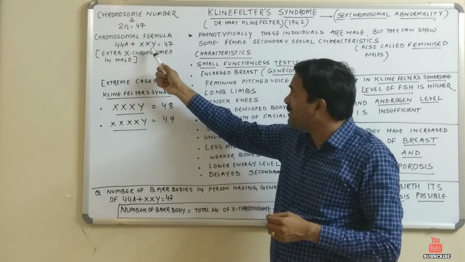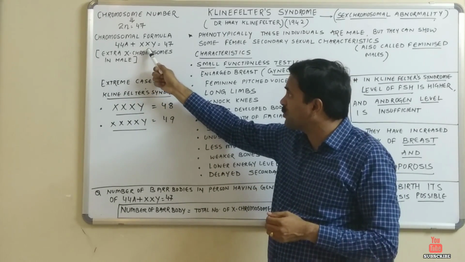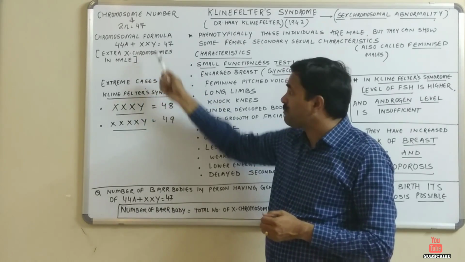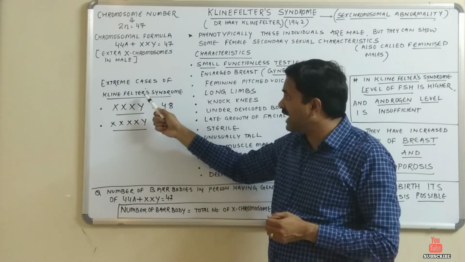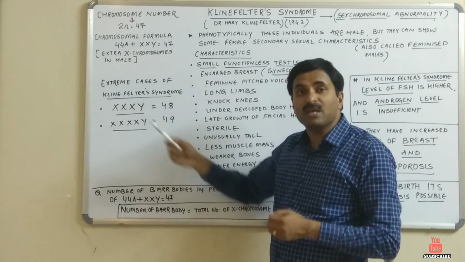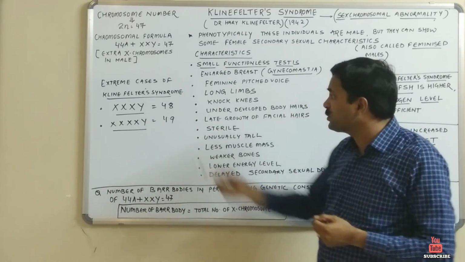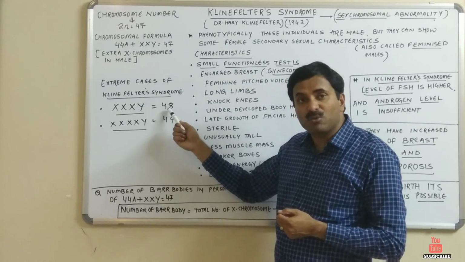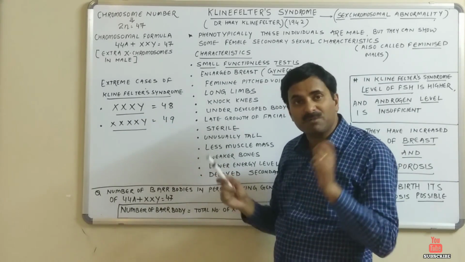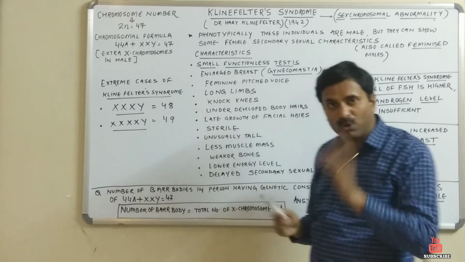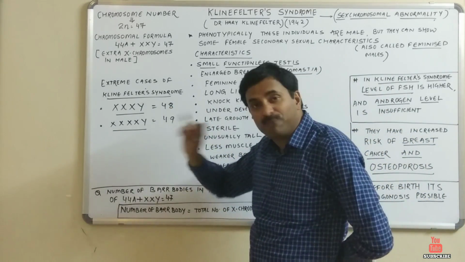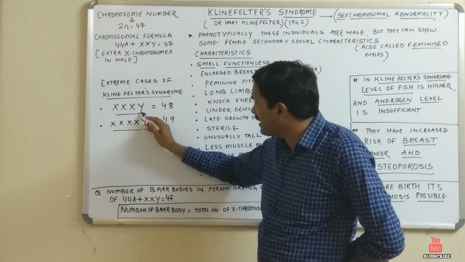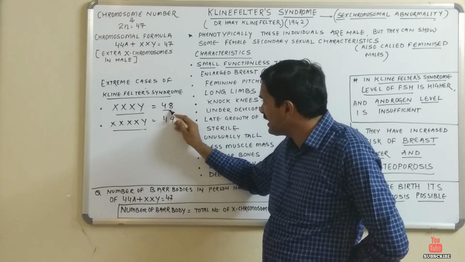This is a simple case of Klinefelter syndrome where you can see there are 2 X chromosomes in the male. But in the extreme cases, there may be more than 2 X chromosomes also, say XXXY. So here the chromosome number will become 48. How did it become 48? 44 are the autosomes, then 45, 46, 47 and 48.